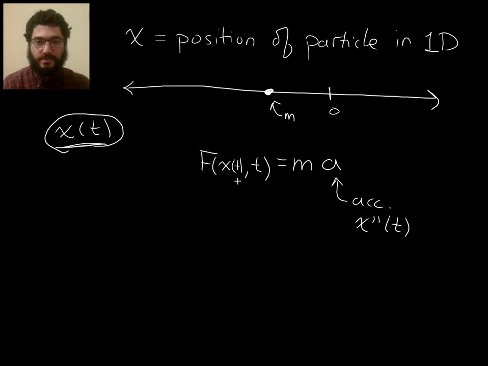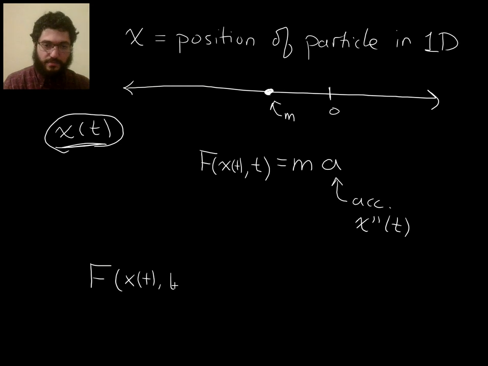So the force is going to be some function of position and time. Then here's the equation that we have: some function of x and t, so something involving x and t, equals m x prime prime of t.